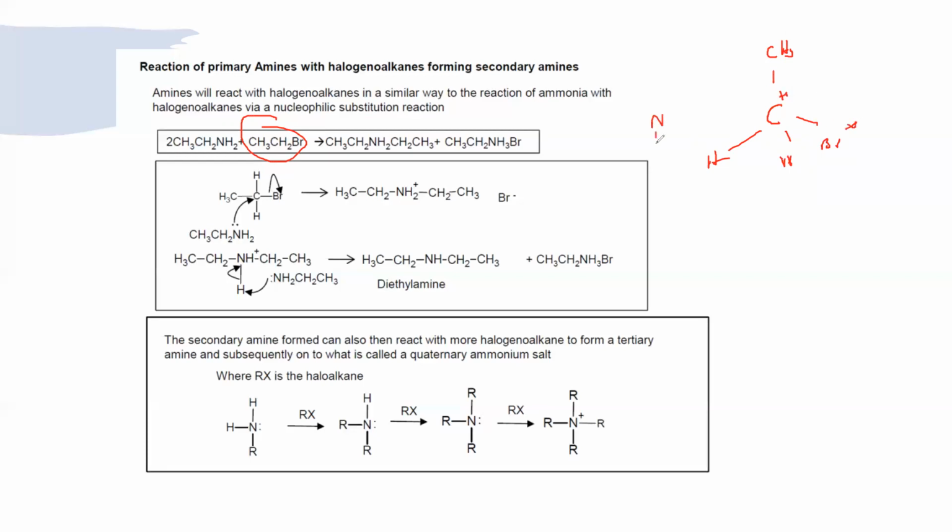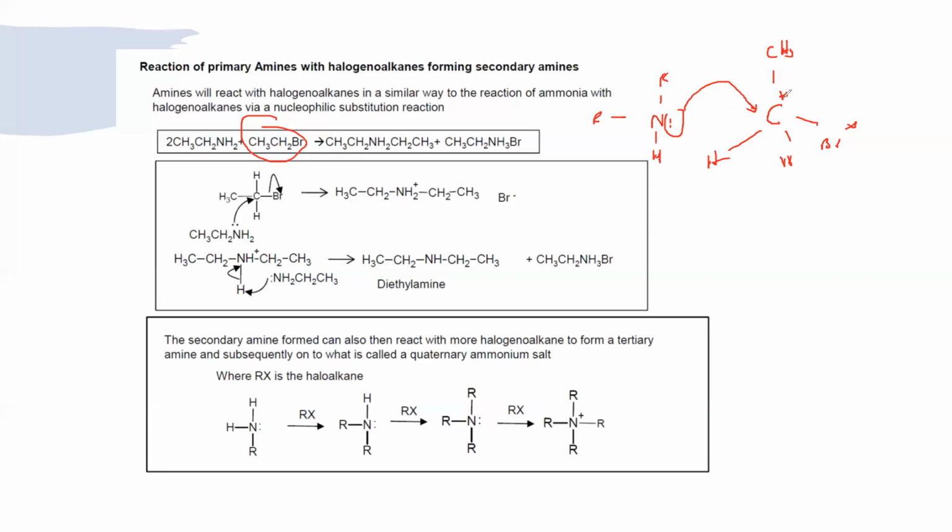And this nitrogen, because it has a lone pair, is attracted towards the partial positive side. It attacks the electron deficient side, and that's why we call it a nucleophile.